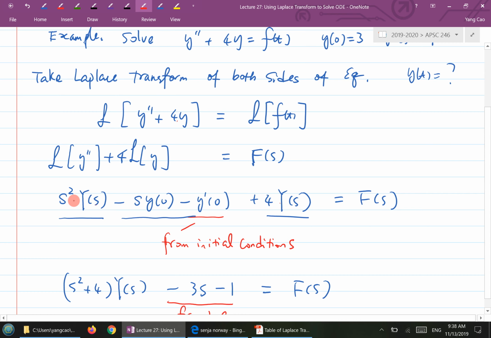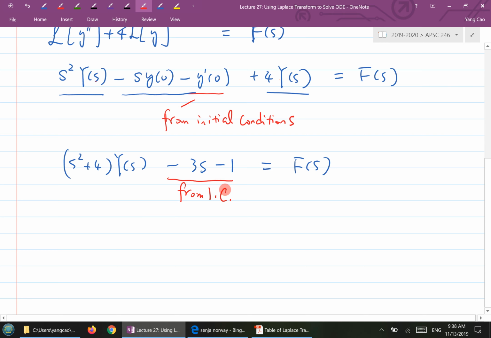A second order derivative action. 1 over s is what type of action? Integration action. So in the time domain, this is a derivative, but in the s domain, after you did the Laplace, s times anything represents a derivative action, and anything divided by s represents an integration action.